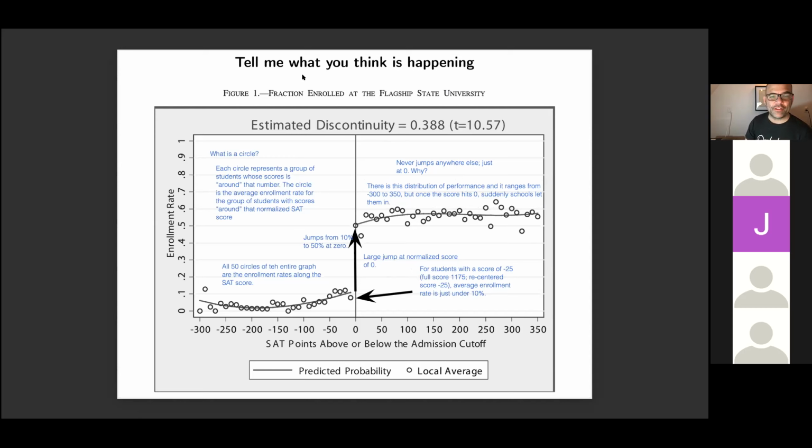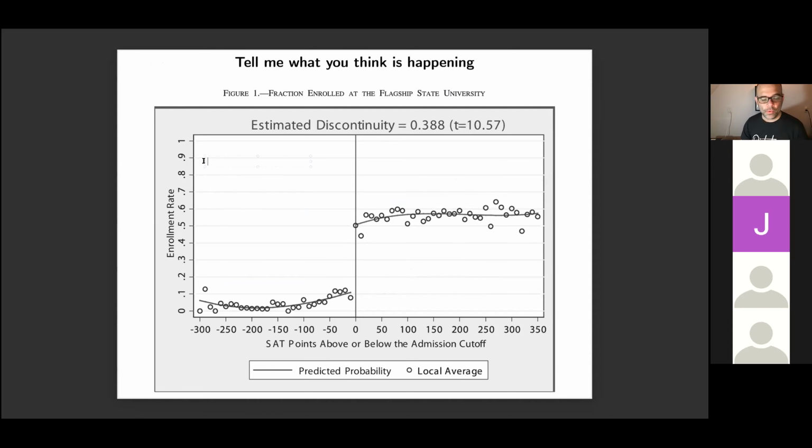Let's review what we have here. We have data on thousands of high school student applications to the University of Florida. We've gotten this data directly from the school.